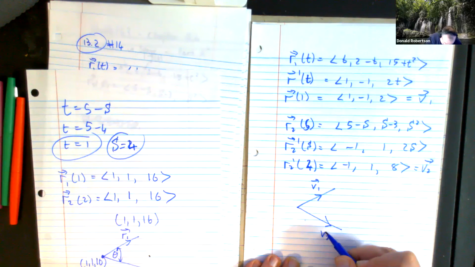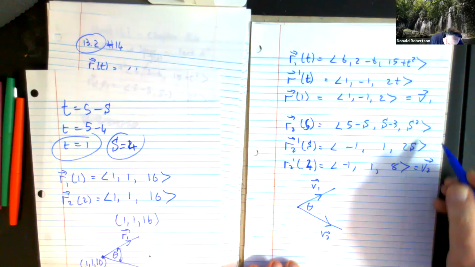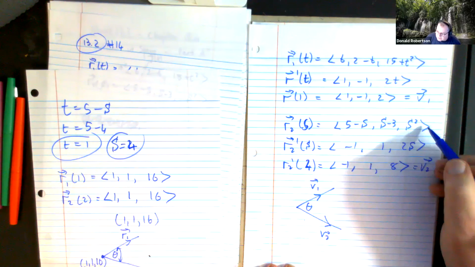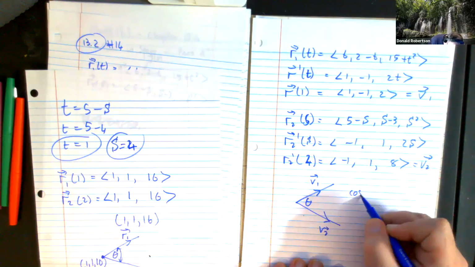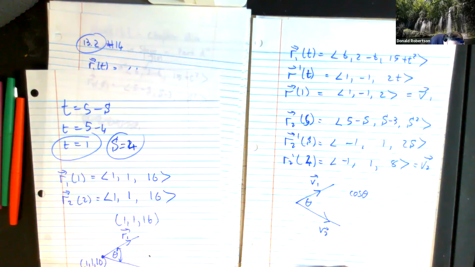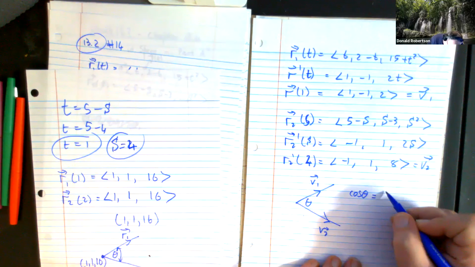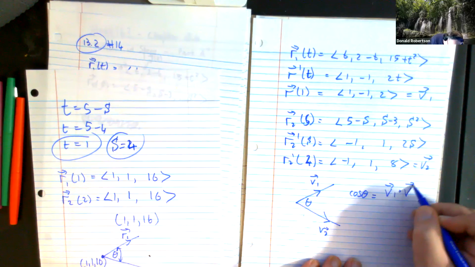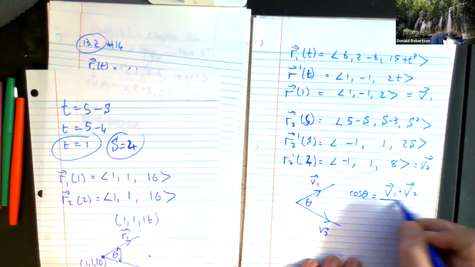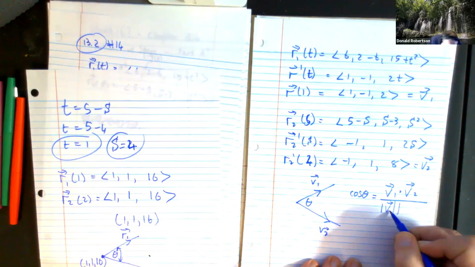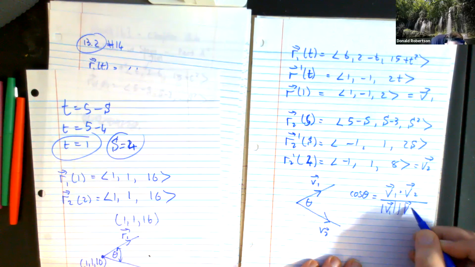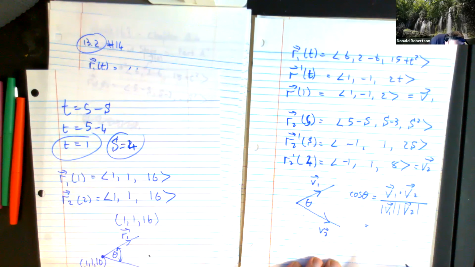Can we just use dot product? The cosine of the angle between them is the dot product of the two direction vectors divided by the magnitudes of those two direction vectors. And this guy here is v1, and this guy here is v2.